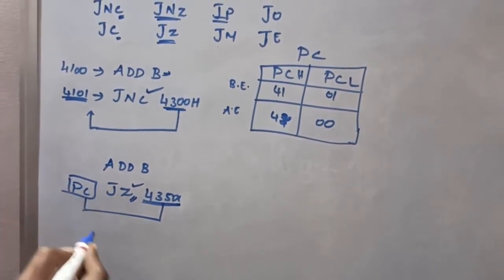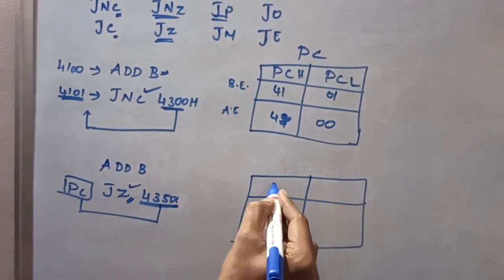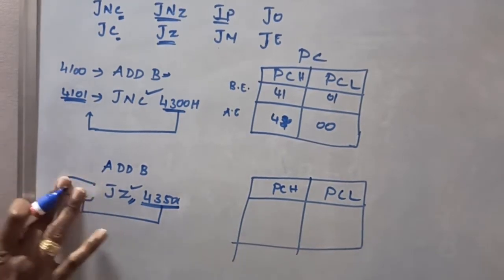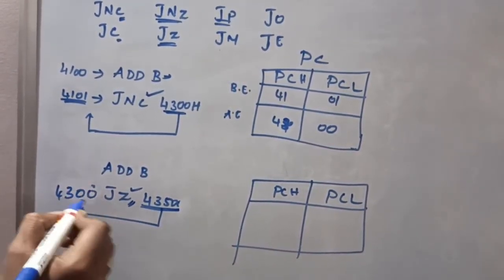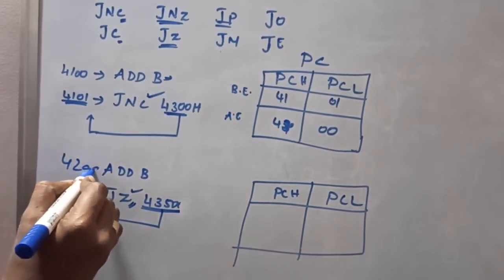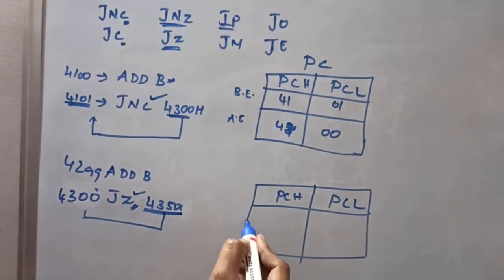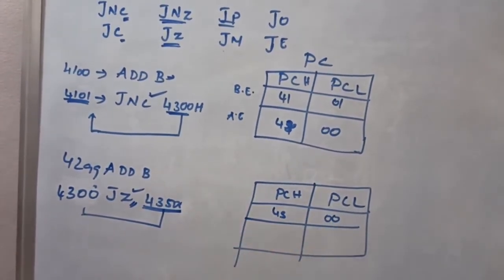Once this condition is true, the specified location 4350 is moved to the program counter, PCH and PCL. Before execution, the program counter higher value is 43, lower value is 00, the address of these two instructions.